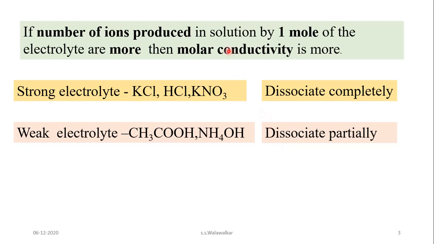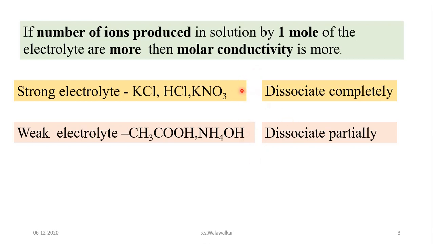So if you compare the molar conductivity of a strong electrolyte and a weak electrolyte at the same concentration, then for a strong electrolyte it is more and for a weak electrolyte it is less.